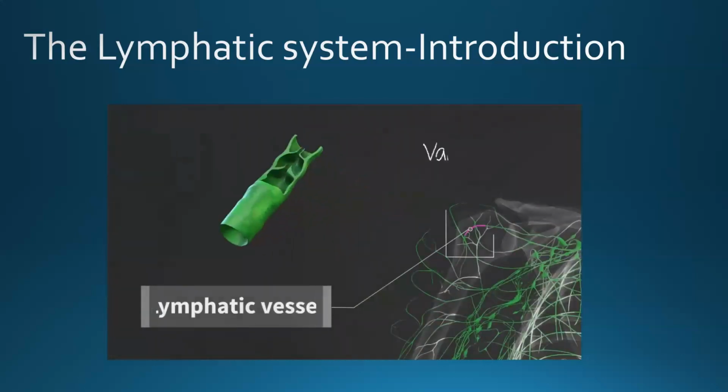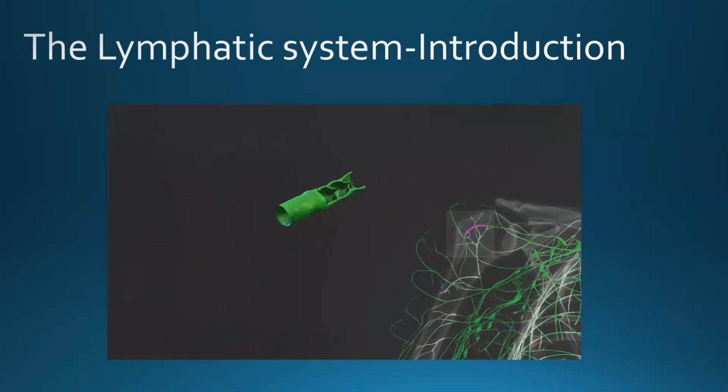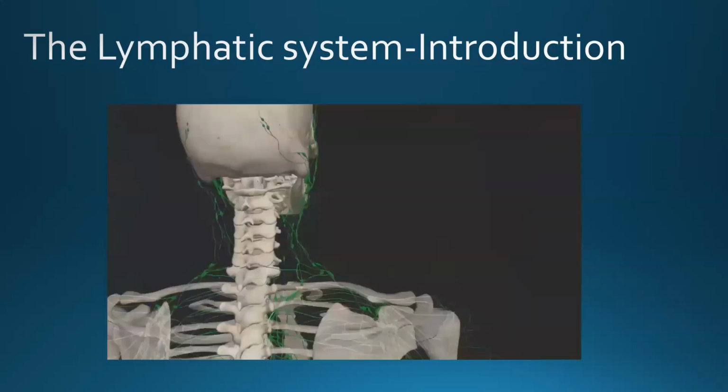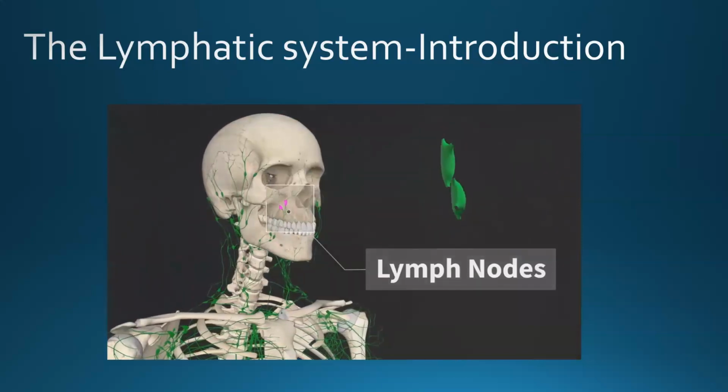Lymphatic vessels contain numerous valves and have a beaded appearance, bulging between adjacent valves when filled with lymph. Lymph nodes are small masses of lymphatic tissues situated along the course of the superficial and deep lymphatic vessels. Their function is to filter lymph as it passes through the lymphatic system en route to the venous system.